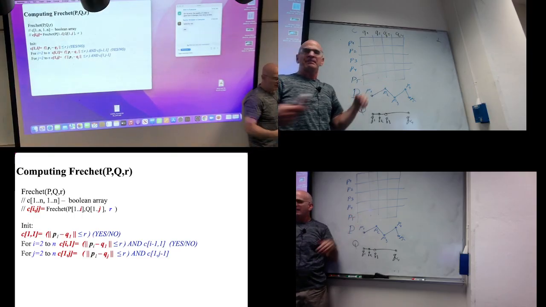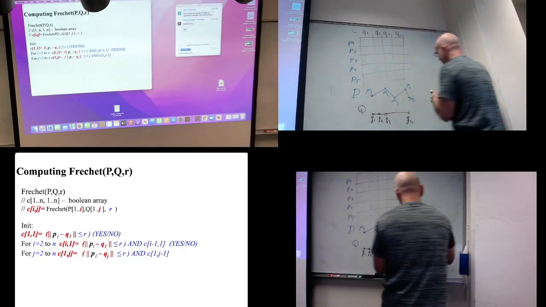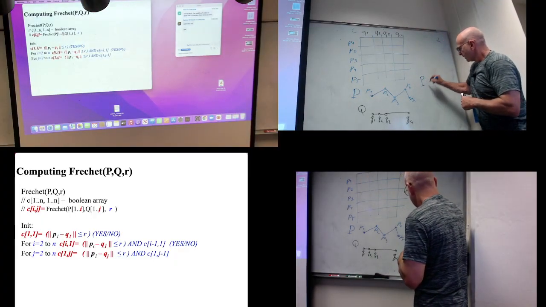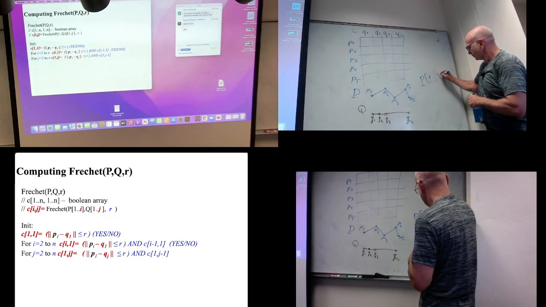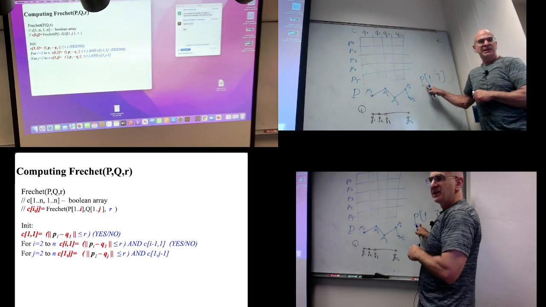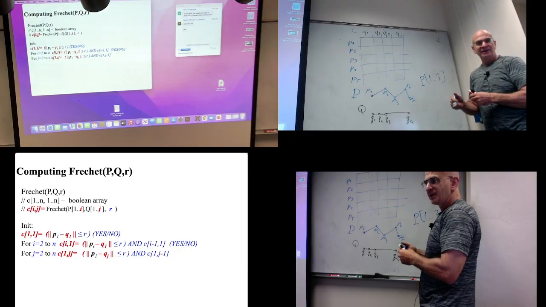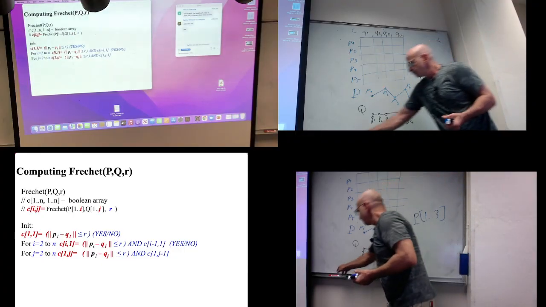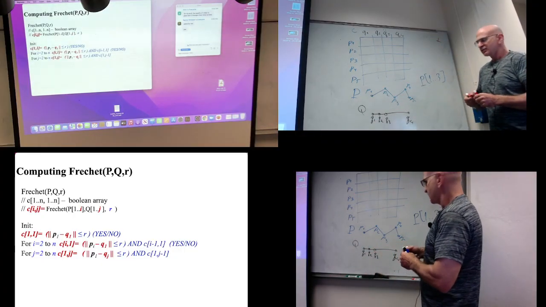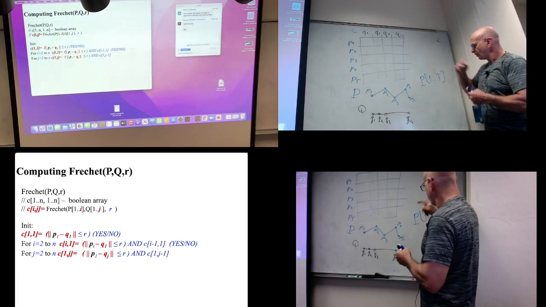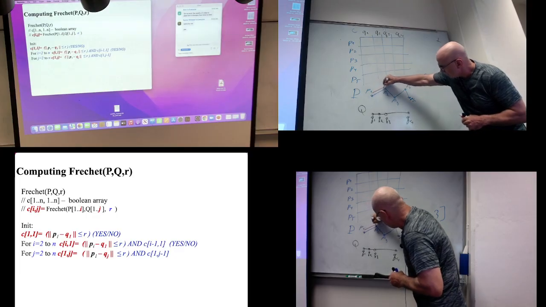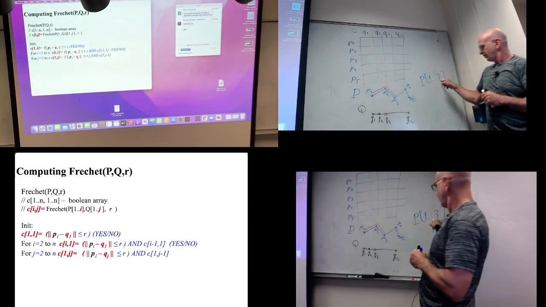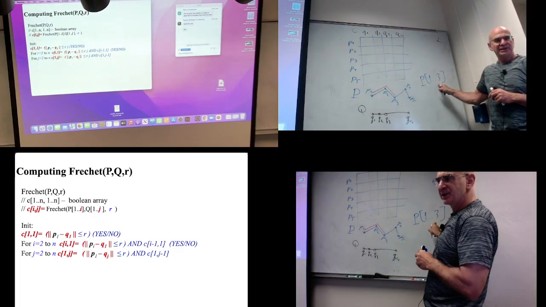When I write P of 1 dot dot 3, I mean the prefix of the first three vertices of P, compared to the LCS, the edit distance, dynamic time warping. What is P of 1 dot dot 3? It's the polygonal path that consists of P1, P2, P3. A prefix of three vertices.